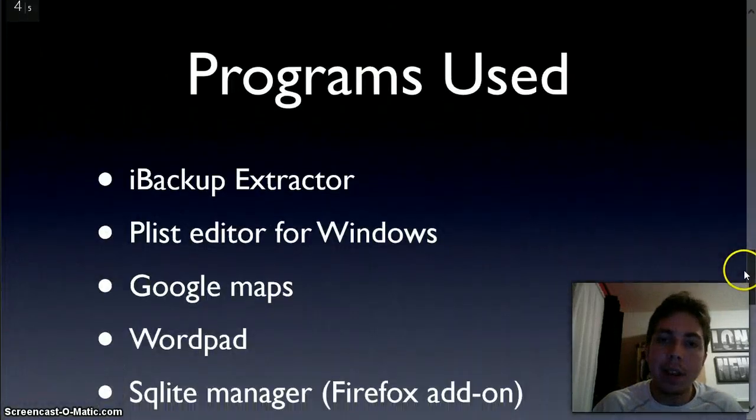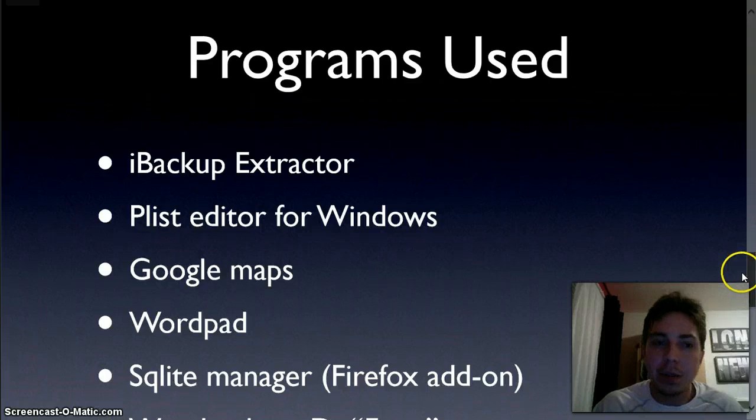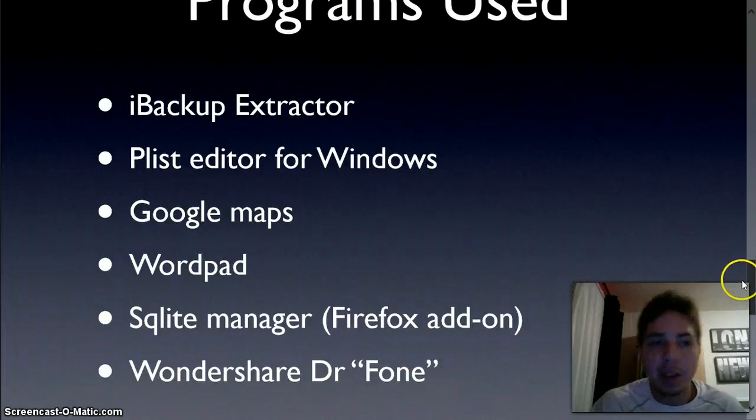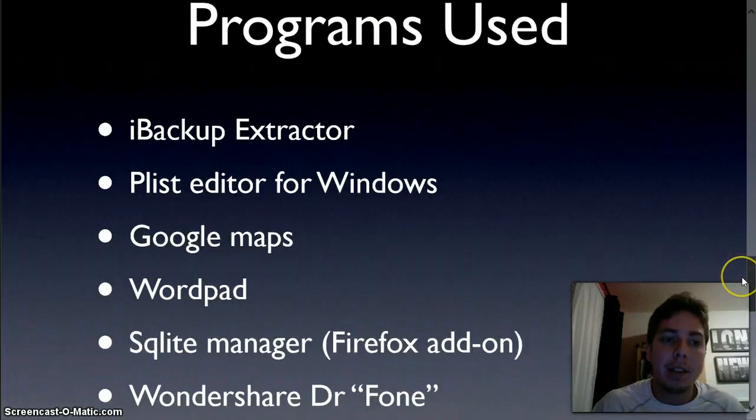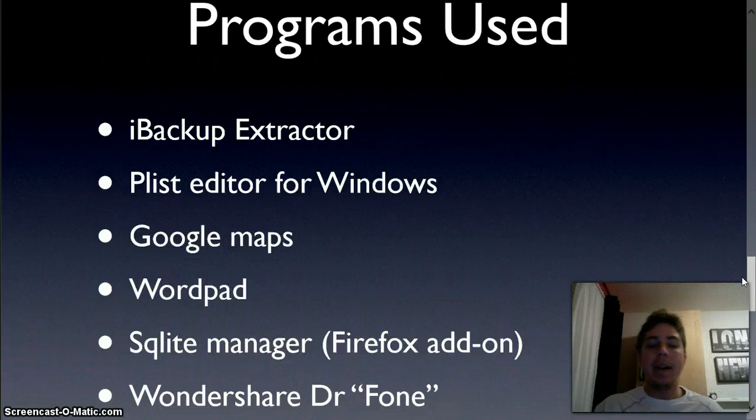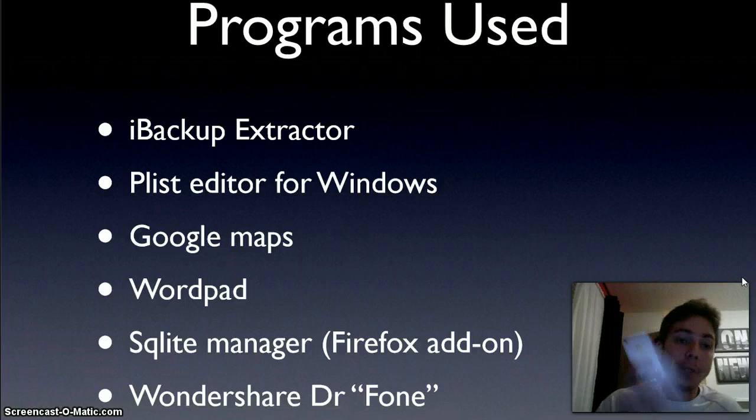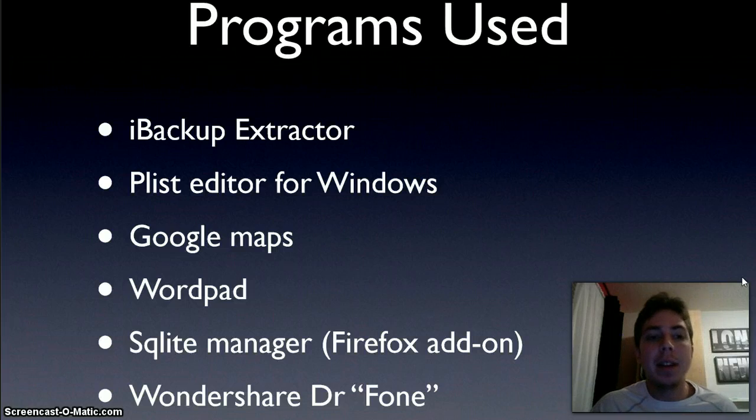The programs that I'm gonna be using for these demonstrations are several. Let's put it that way. The first one is going to be iBackup Extractor, which is going to help us to extract the data from an iPhone. The second one is going to be the plist editor for Windows. That is going to help us to see those .plist files. The third one is going to be Google Maps.